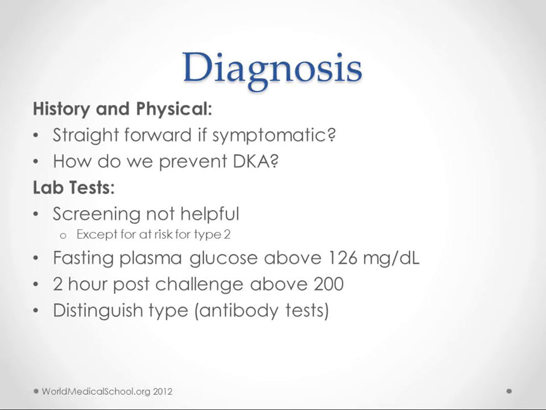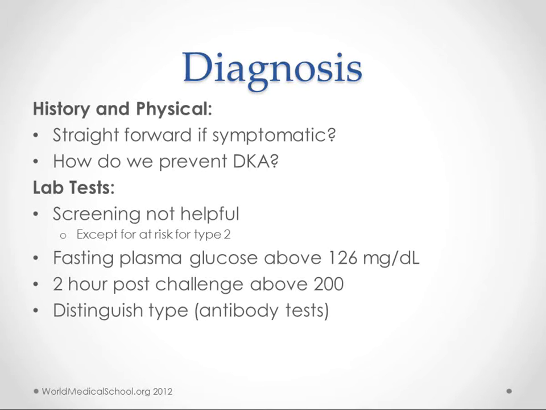So the tests that we can do are fasting plasma glucose, which if you have above 126 two times, then you're diabetic. A 2-hour post-challenge above 200. And in 2010, they also approved hemoglobin A1C as a diagnostic test.